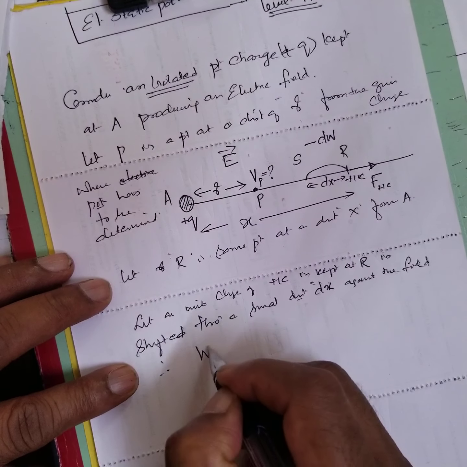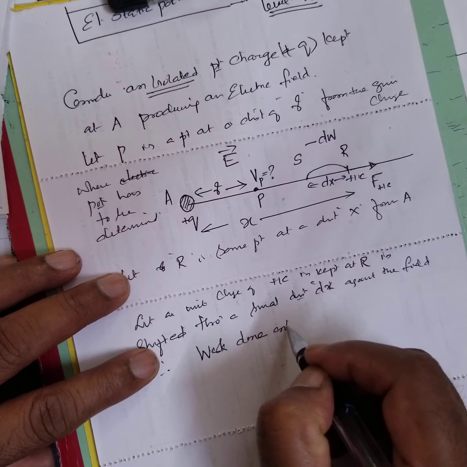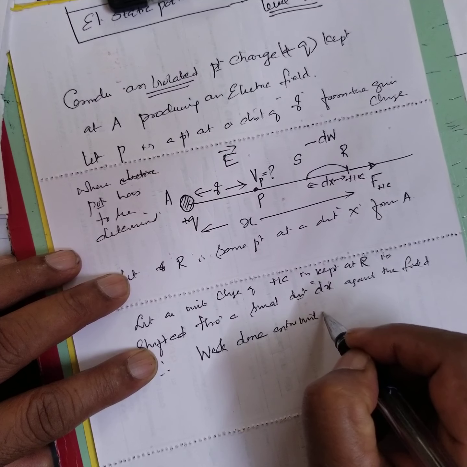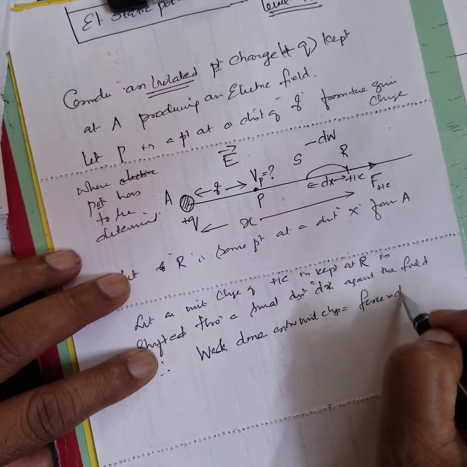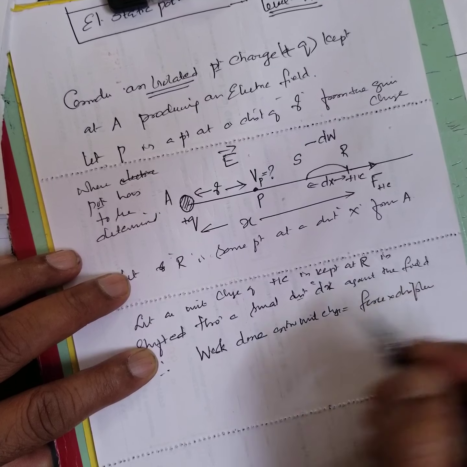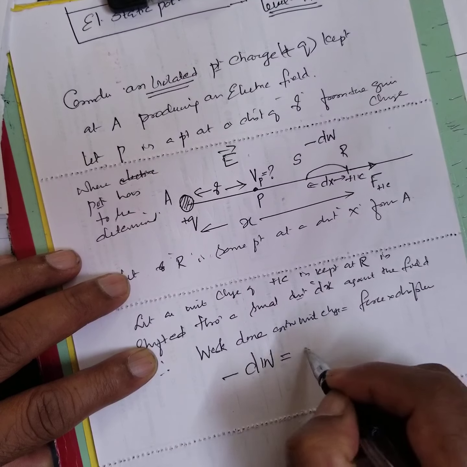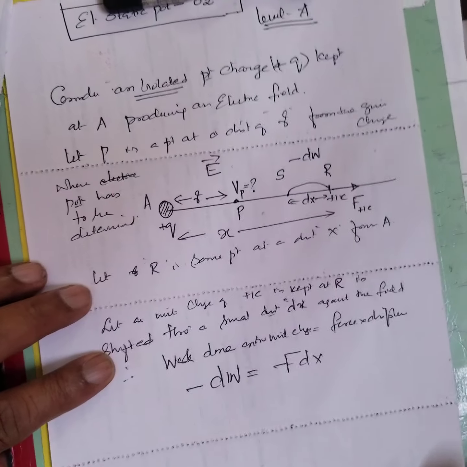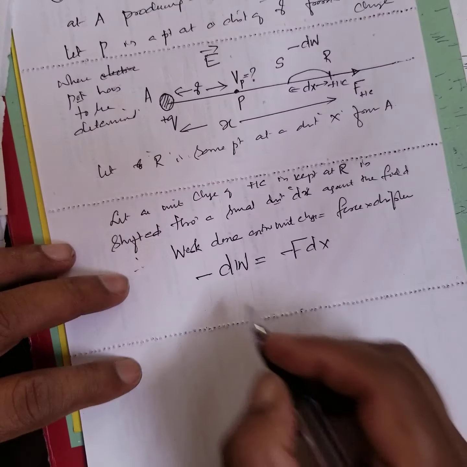Therefore, what is the work done? Work done on the unit charge is equal to force into displacement. Therefore, the small amount of work done against the field direction is force into displacement. Now, how to calculate the force?